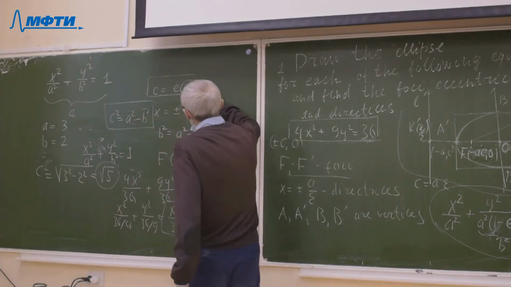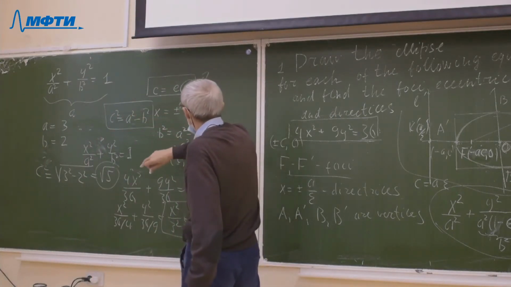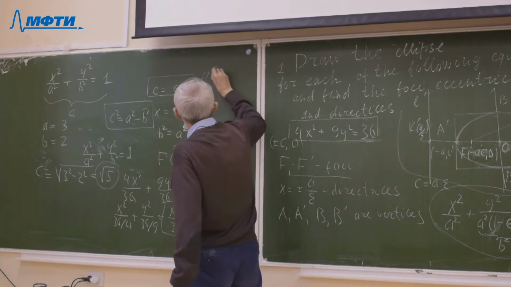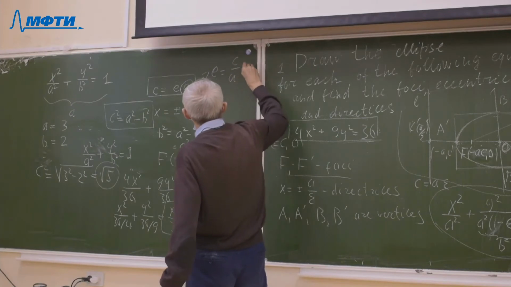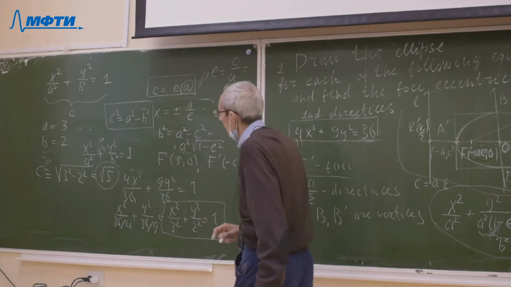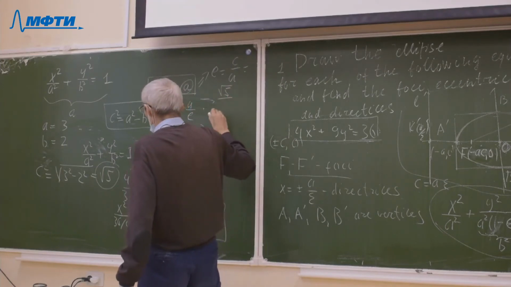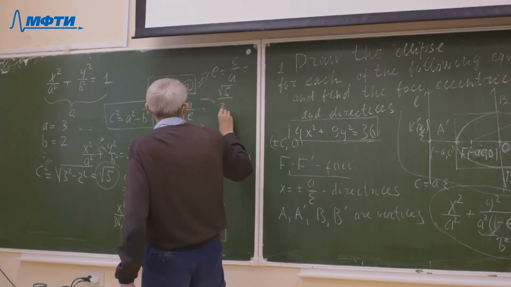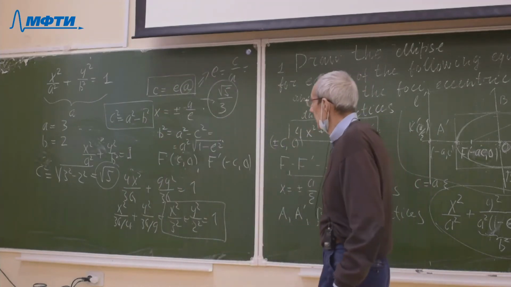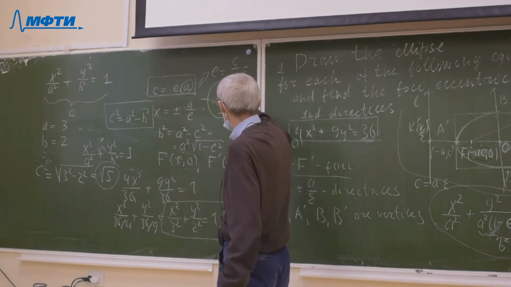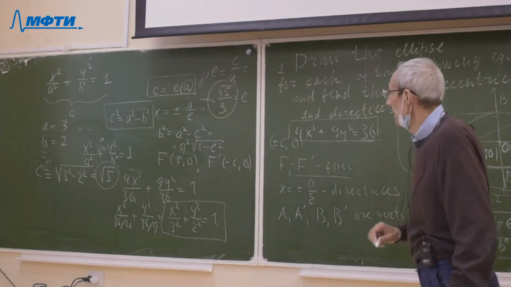And this formula gives us the value for e. e is equal to the ratio c over a. c is equal to root 5, a is equal to 3. And we obtain the exact value of the eccentricity.